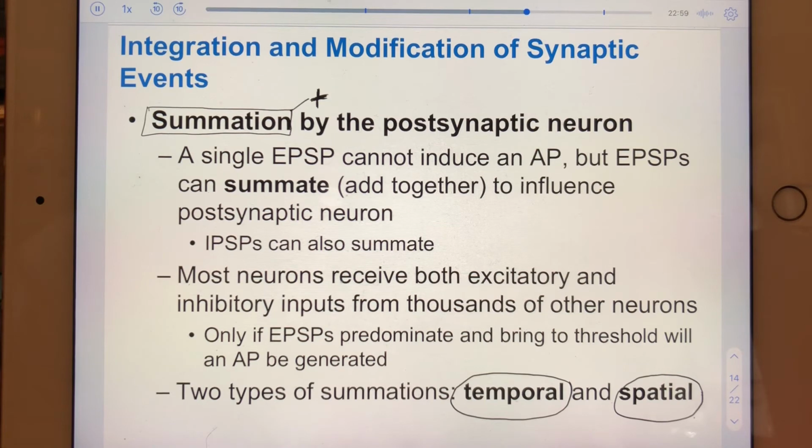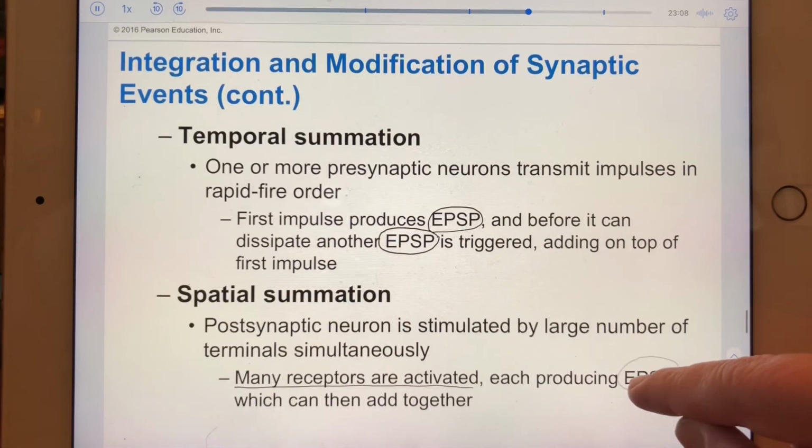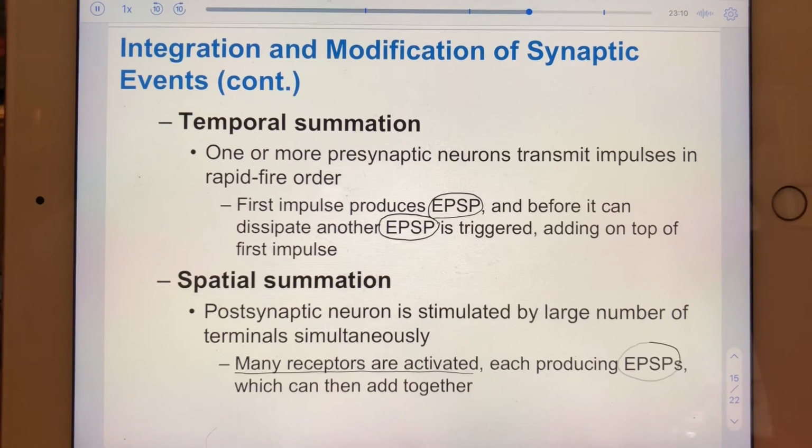Spatial summation, we may have many receptors activated simultaneously, therefore producing multiple excitatory graded potentials which can add together.